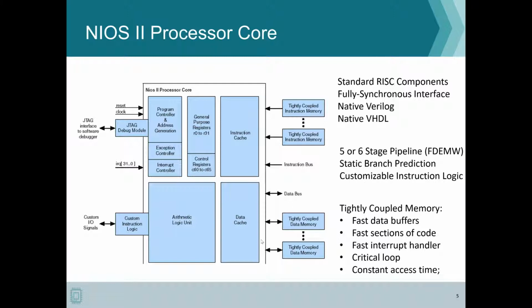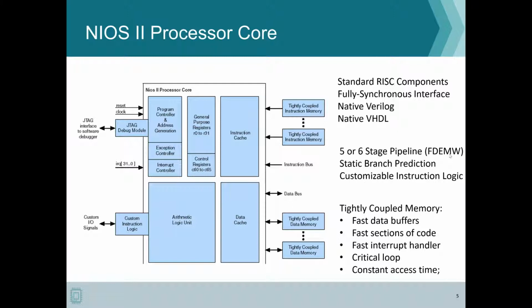You could configure them as no pipelining or 5 or 6 stage pipelining, and the different stages of the pipelining include fetch, decode, execute, memory, and write back operations. It also implements static branch prediction, and also has an option to do customizable instruction logic. You could actually create your own new instructions for your NEOS 2 processor.